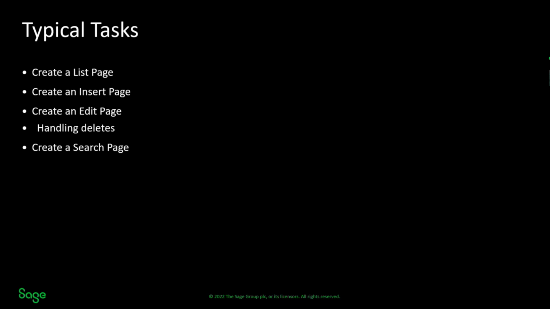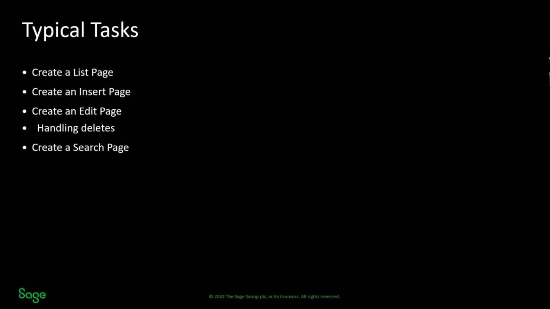So we're going to be looking at how a list page is created, an insert page or an add page is created, an edit page, handling deletes, and creating a search page. I'll look at the idea of two before we wrap up today.